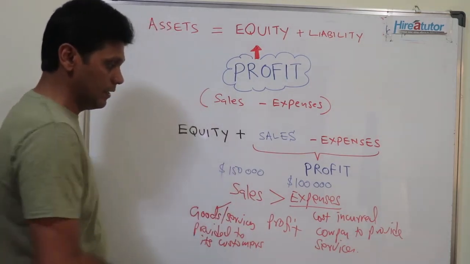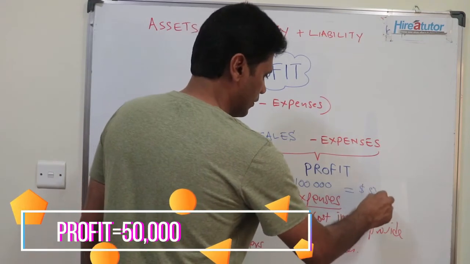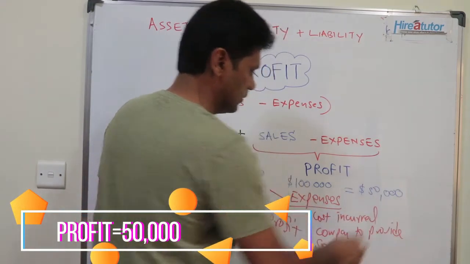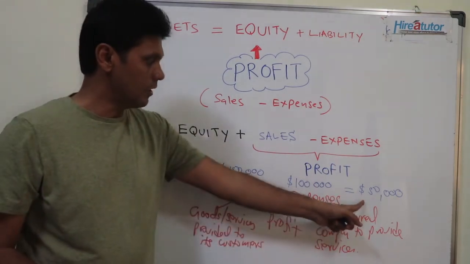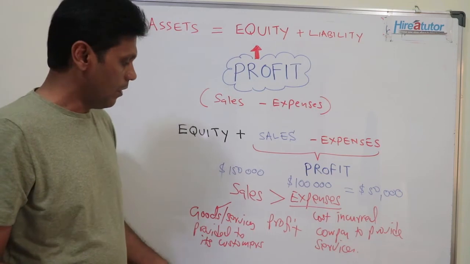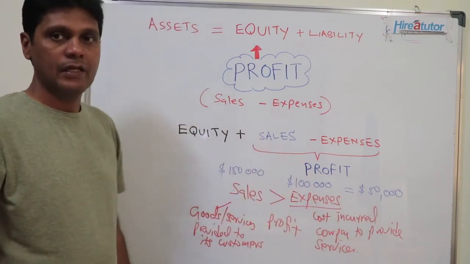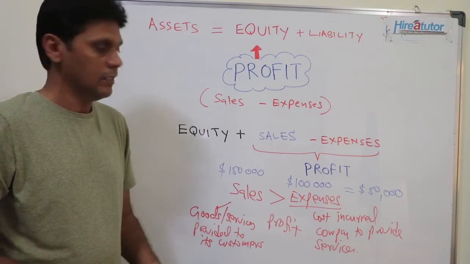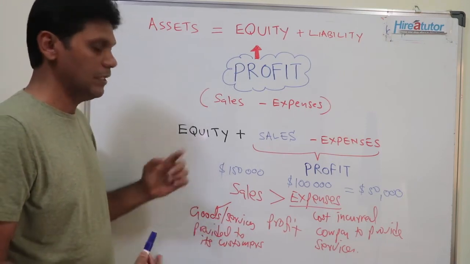So thereby the company will make a profit of $50,000. So this $50,000 has to be adjusted under equity because the profit is owned by the business owners. The business owners' liability is represented through the equity.